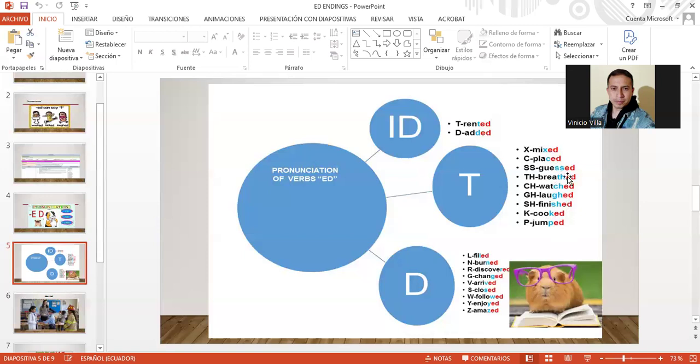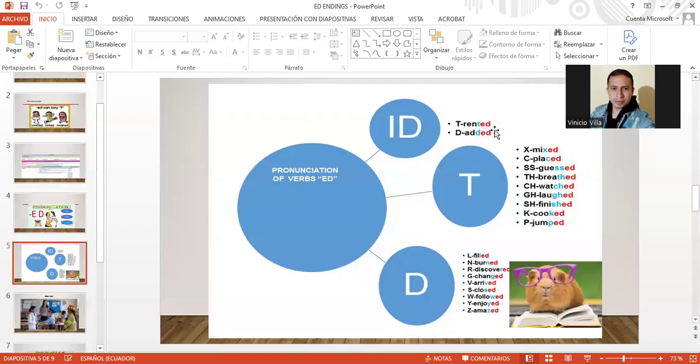Students can realize that the pronunciation here is like taking the T sound and using it instead of the ED letters that are colored in red. So very simple.